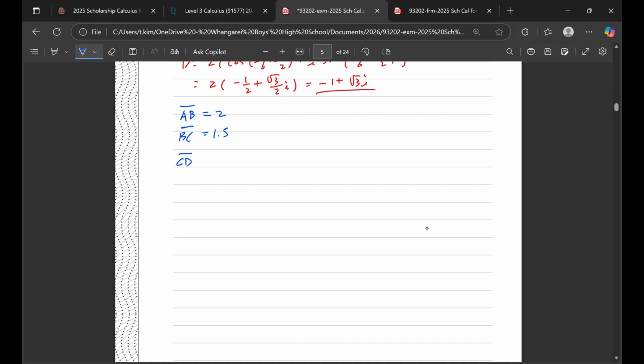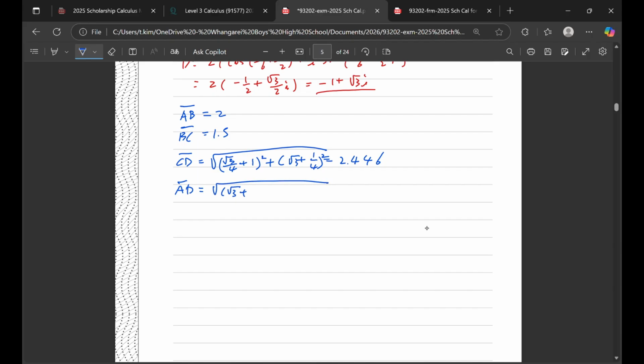And the CD, well, we have to work that out. Square root of (square root of 3 over 4 plus 1) squared plus (square root of 3 plus a quarter) squared. That gives me 2.446.